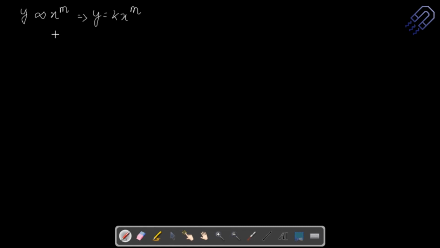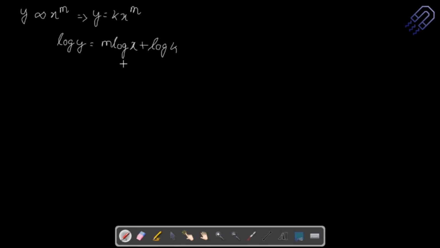But we can also do one more thing. We can take log on both sides, and this will give you more information. If we take log on both sides, we have log of y is equal to m log x, and these two are multiplied, so I can simply say plus log of k.